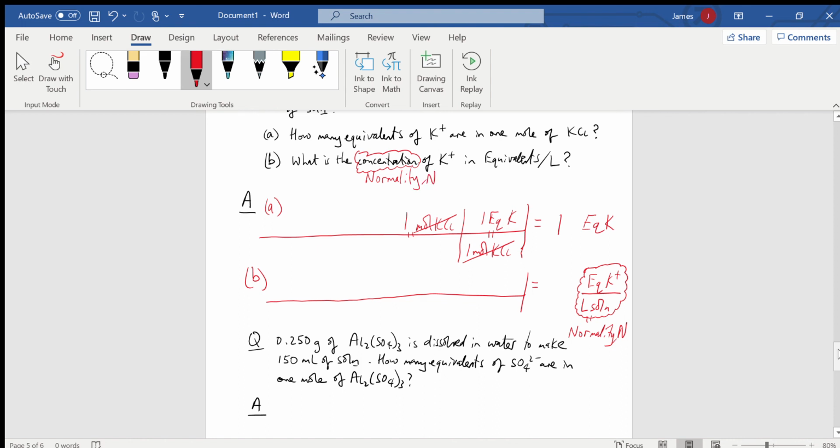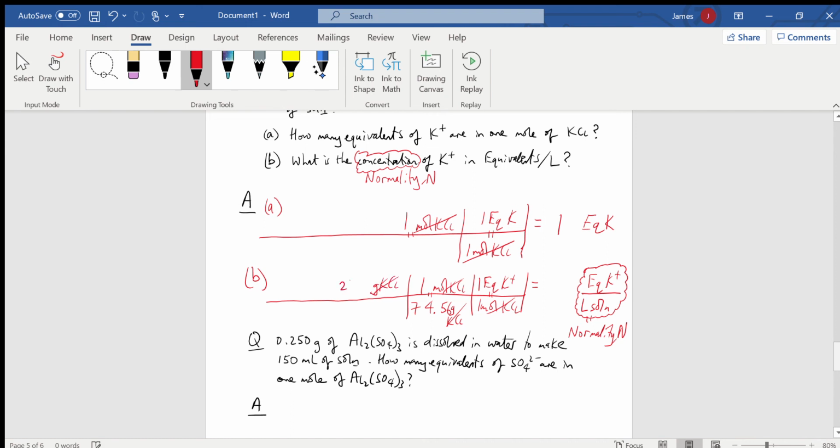We know that there's one equivalent of K plus equal to 1 mole of KCl. I know that 1 mole of KCl, by definition the sum of all its atomic constituents, is 74.56 grams of KCl.